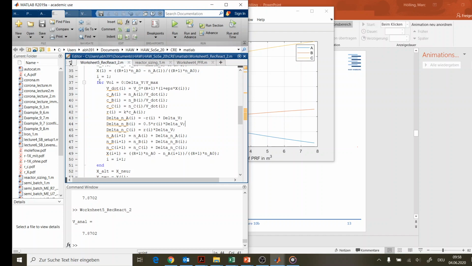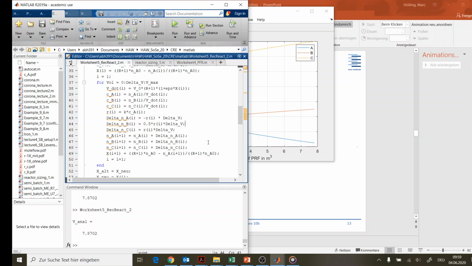Okay, then we go for our iteration loop, or for our plug flow simulation. So here I'm just saying this is the volume of my reactor. I calculate the volume flow, then I calculate the concentration, I calculate the reaction rate. With the reaction rate I calculate the change in mole flows.